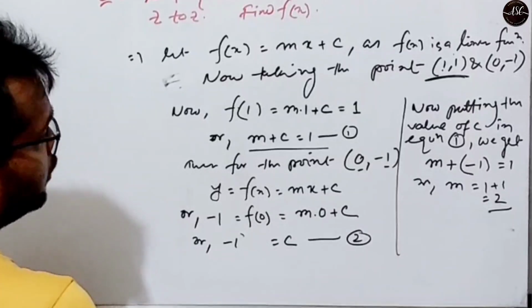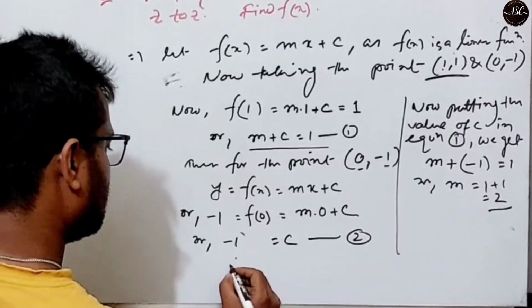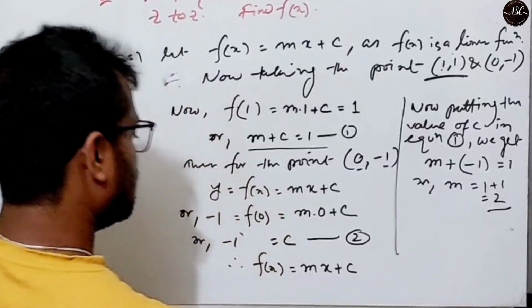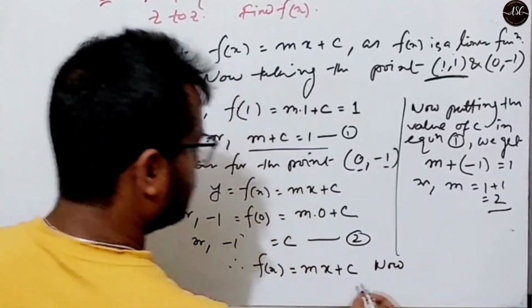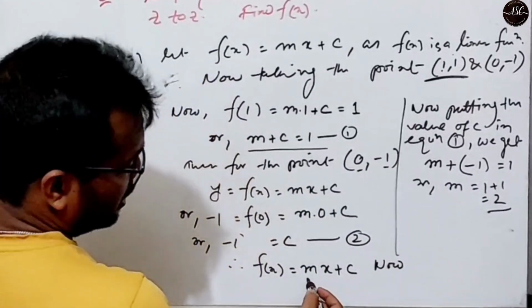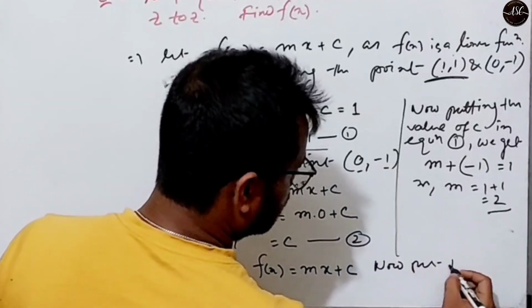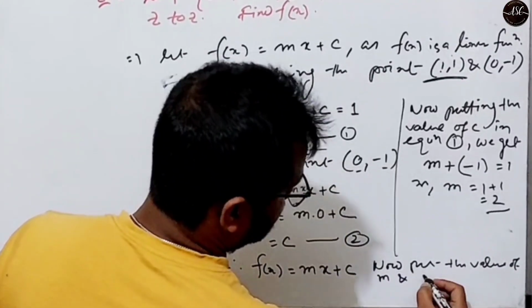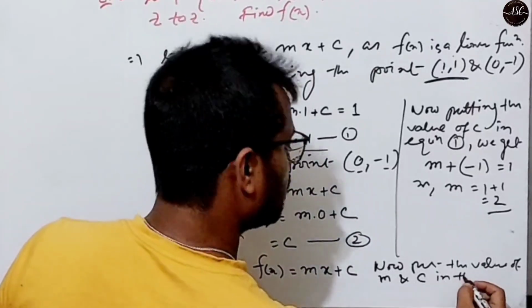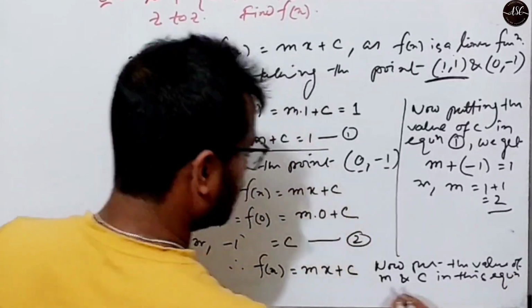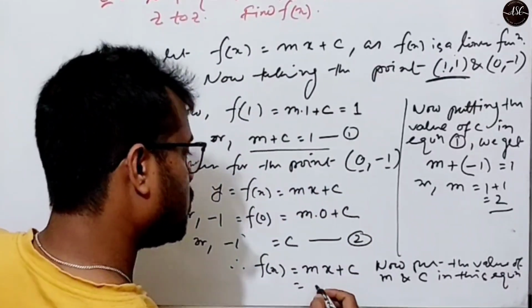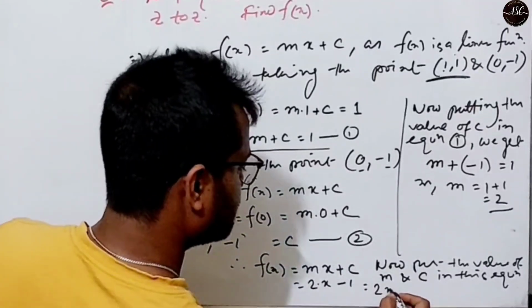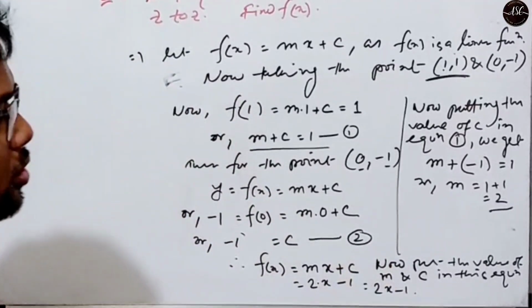So therefore f(x) equal to mx plus c. Now put the value of m and c in this equation. We get f(x) equal to m equal to 2 dot x plus c equal to -1. That means 2x - 1. This is your answer.